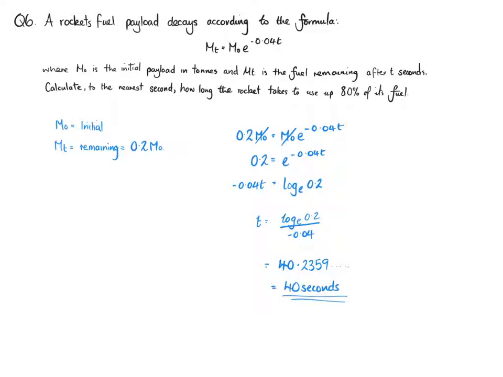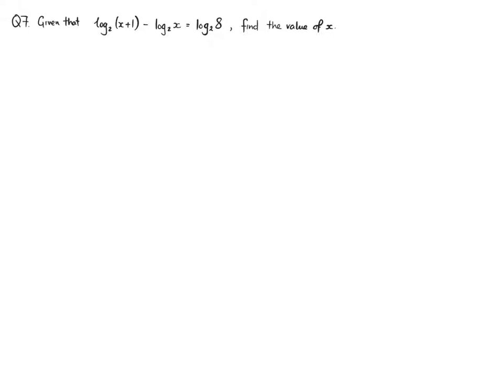On to question 7. Again, another logarithm question. We've been given that log to the base 2 of x plus 1 minus log to the base 2 of x equals log to the base 2 of 8. So we can combine the logarithms that are on one side. When they're subtracting, we divide.